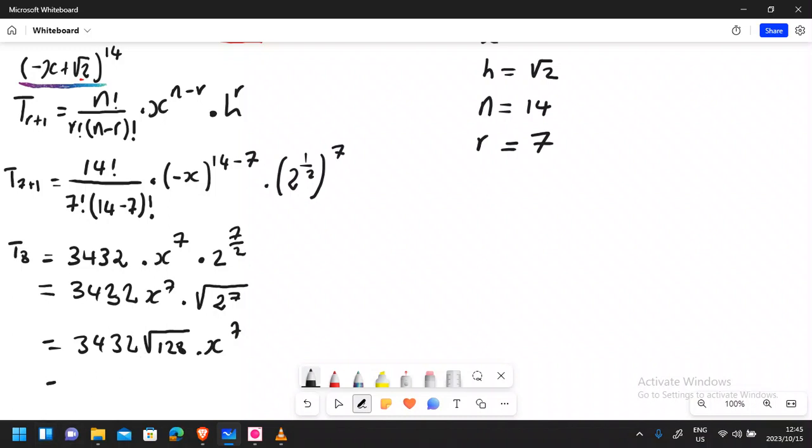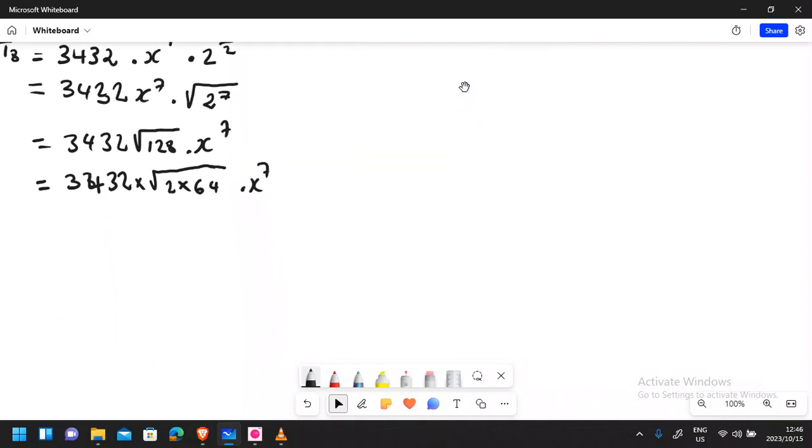But then someone can decide to say, you know what, why don't I just do the following? I know now this is more like wasting your time, but this is very important. Someone can decide to do this. How about I simplify our root there? We can say 2 multiplied by 64, which is going to give us 128, and then multiplied by x to the power of 7. Let me create more space here, guys.